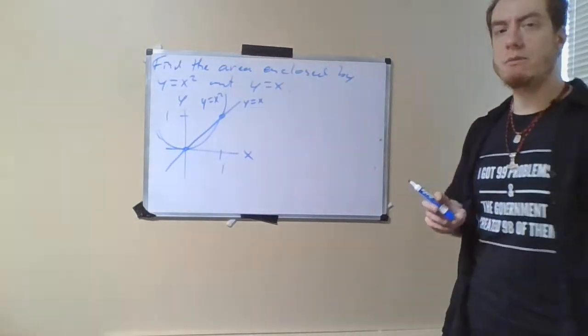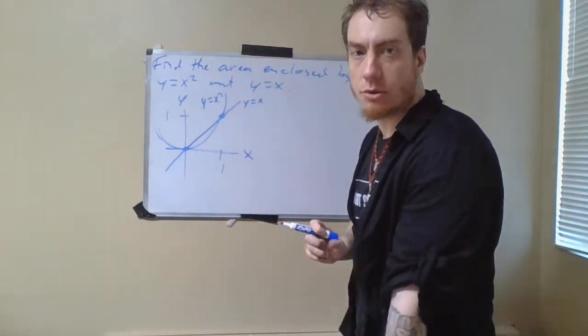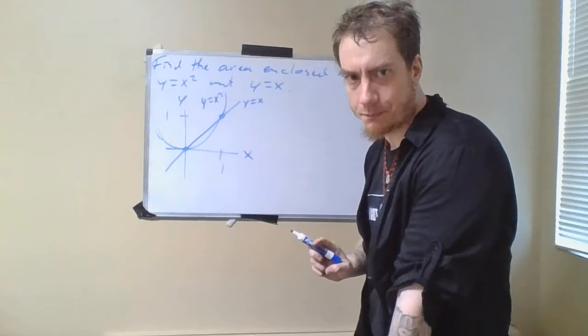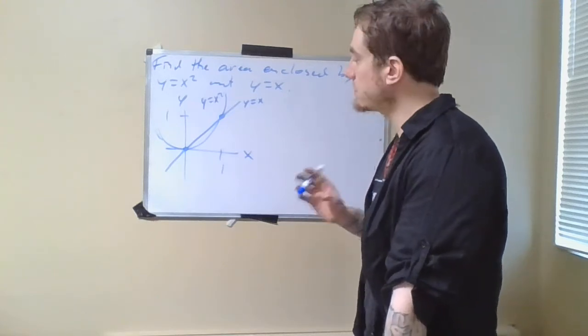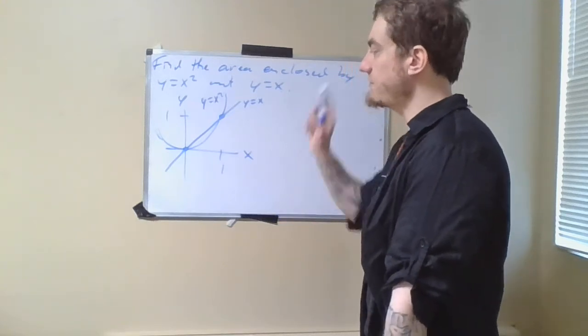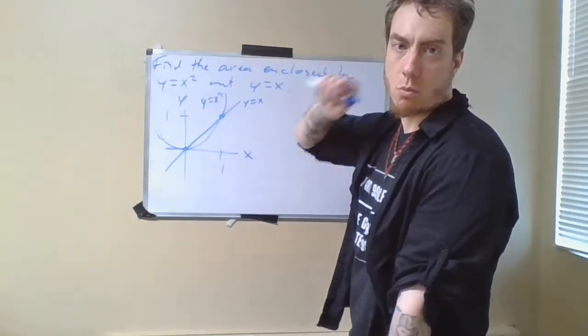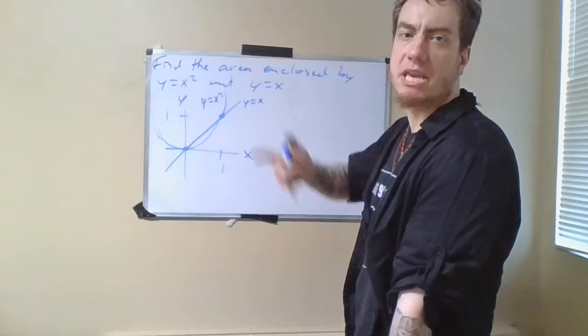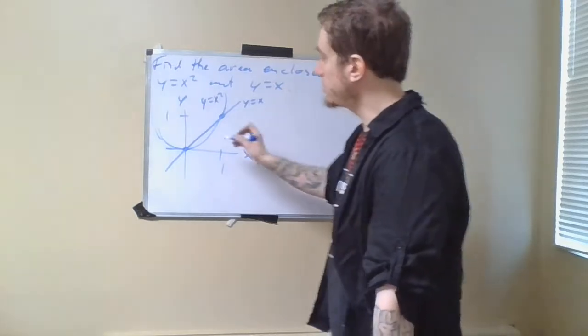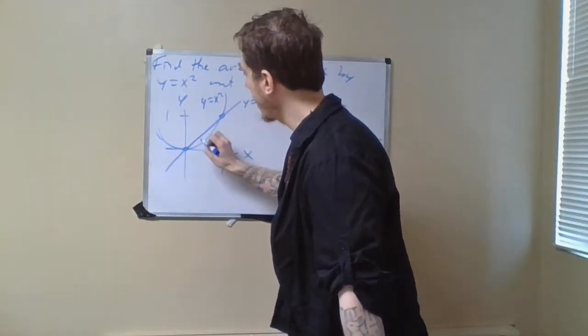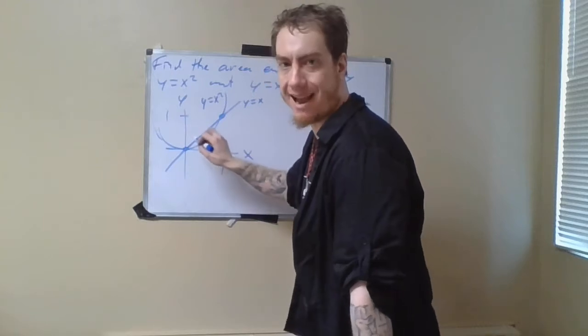Now, what do we mean by the area enclosed? Well, what we mean by enclosing the region is that inside of that region, you are totally surrounded by these curves. You cannot run away to infinity. Think about being completely fenced in. So if I am in here, I'm fenced in. I cannot get out.